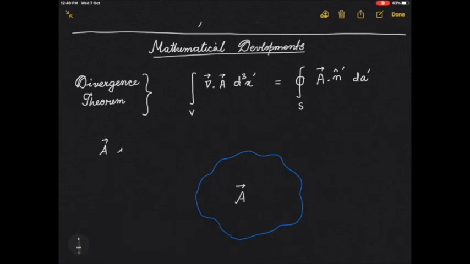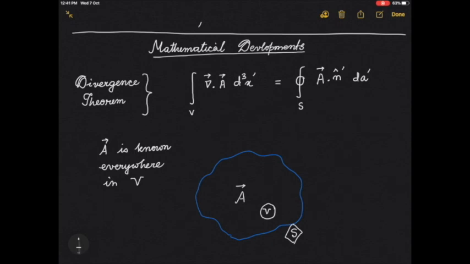So A is to be known. To calculate the left hand side, A has to be known everywhere inside the volume. And let us call the volume V and the surface S, just to have some notation for them.